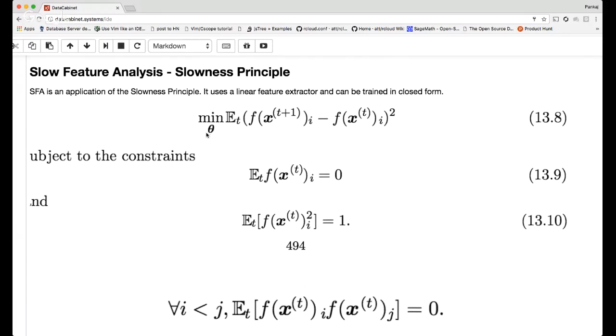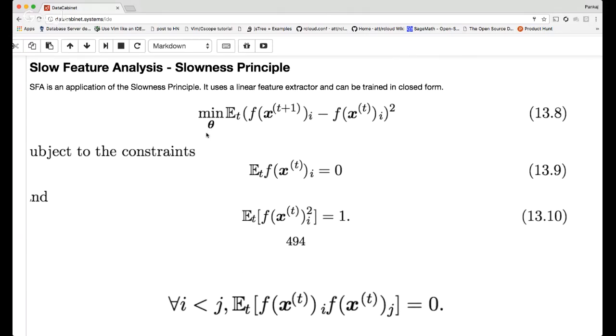The way slow feature analysis is formulated is something like this. Think of the ith feature. It's trying to get the ith feature at every timestamp, take the difference, square it, and minimize it.